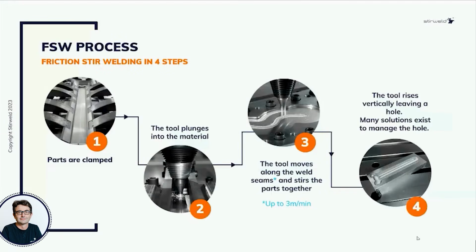About the process, we can summarize the Friction Stir Welding process in 4 steps. Step 1, we clamp the part. Step 2, we use a tool placed in rotation, plunge into the part, and when the shoulder, the horizontal part of the tool, touches the top surface of the part, we start the traveling, the movement of the tool along the part.